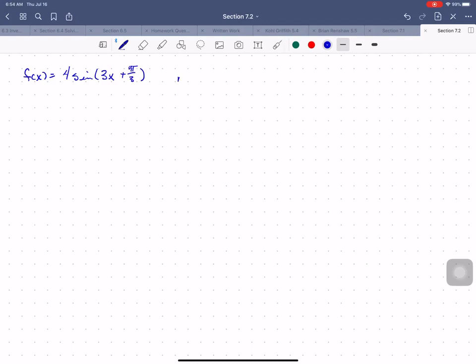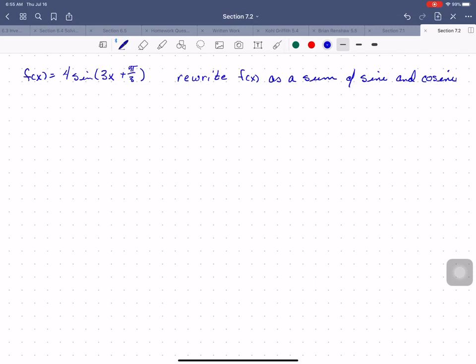And what I want to do is rewrite this as a sum of a sine function and a cosine function.